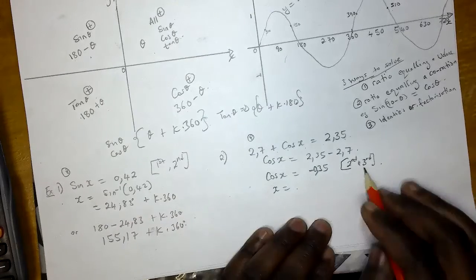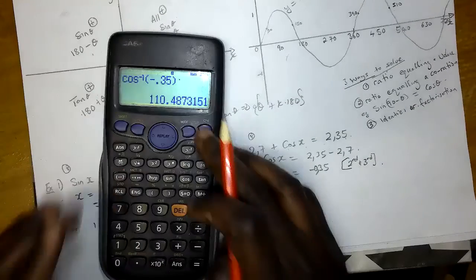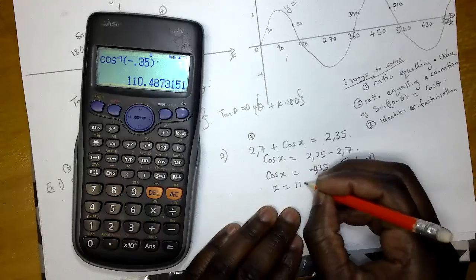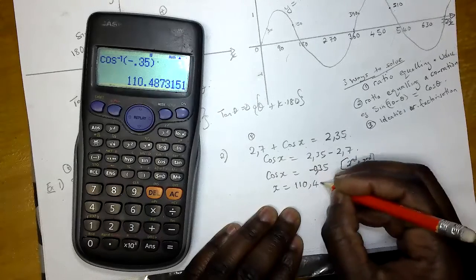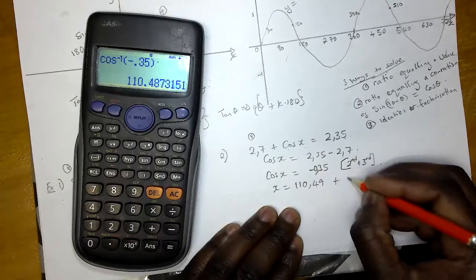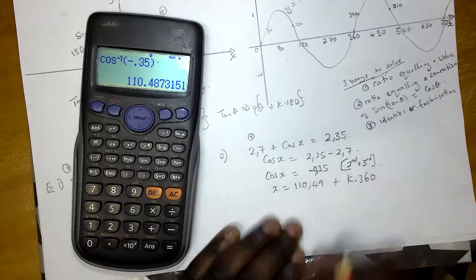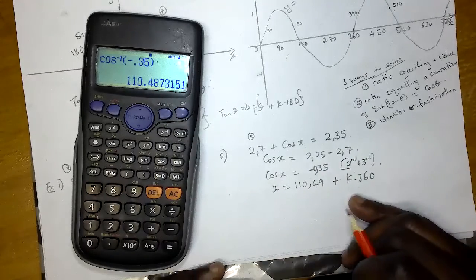So here we come here and say, all right, now what is our answer? Is 110. So it's going to be 110,49 plus k 360.